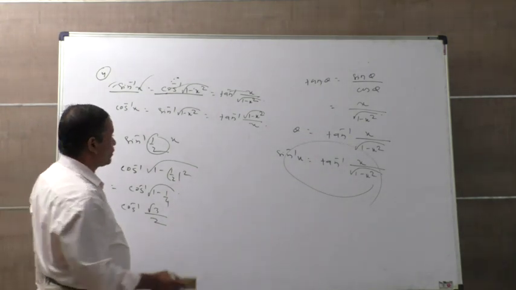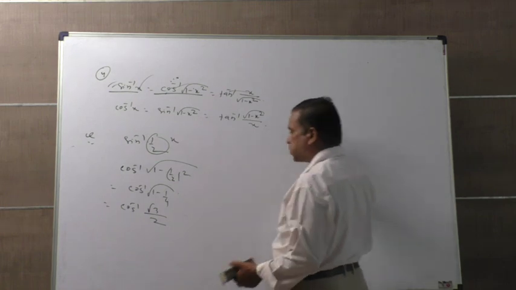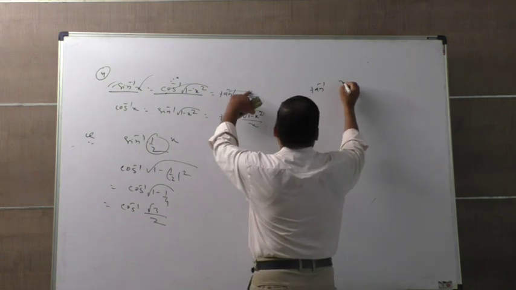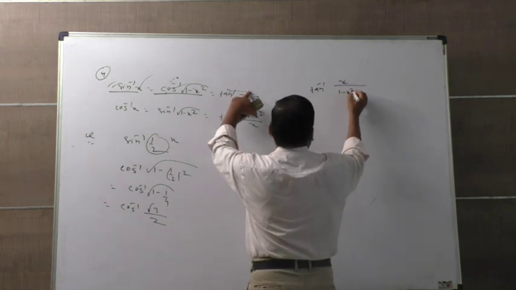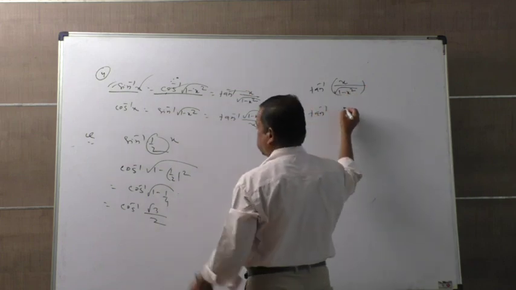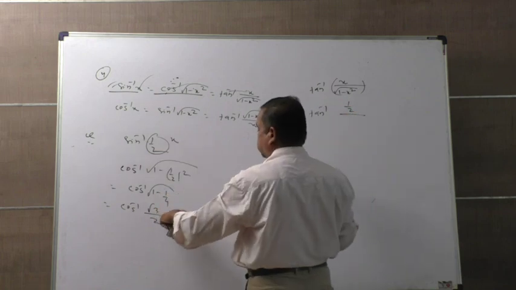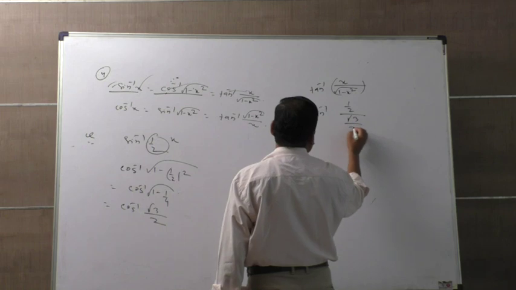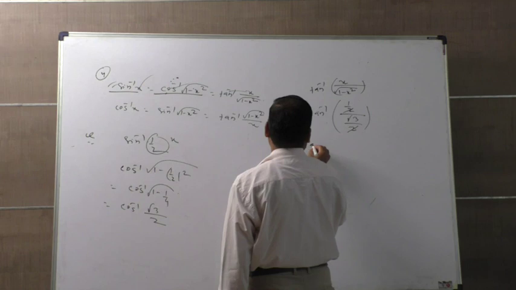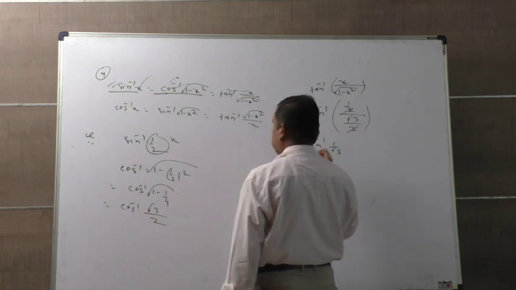Now, for cos inverse root 3 by 2, again how to find the tan? The formula works. Now come to tan inverse. We have the formula x by root of 1 minus x square. That is tan inverse of 1 by 2 over root 3 by 2. 2 cancels. That is tan inverse 1 by root 3.